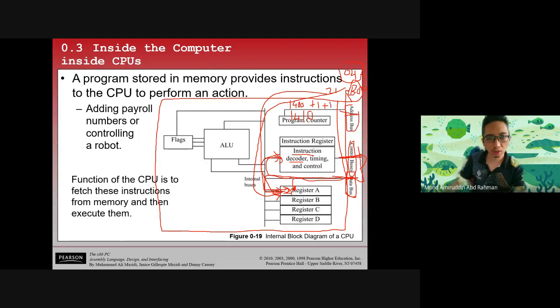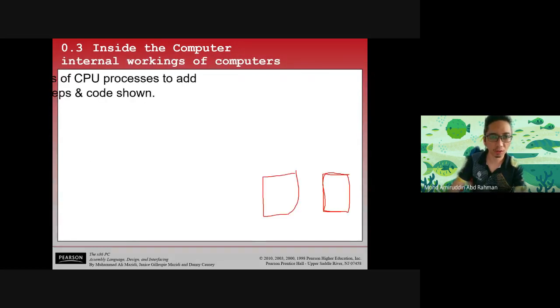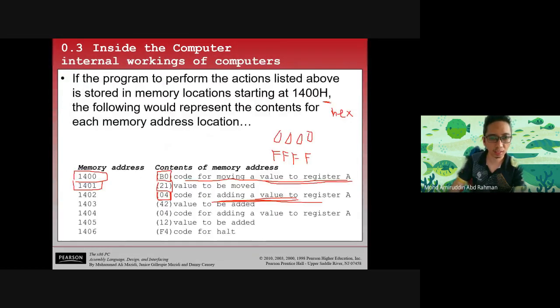So the value of 21 with, what value is that? 42. Okay, it gets this value 42.